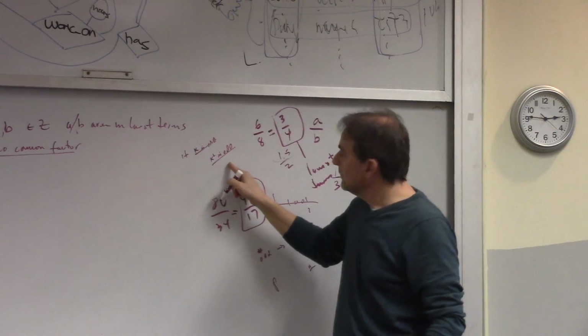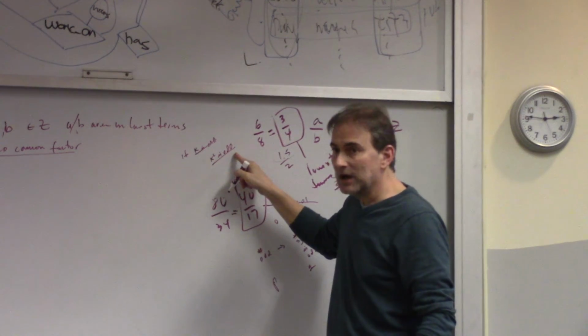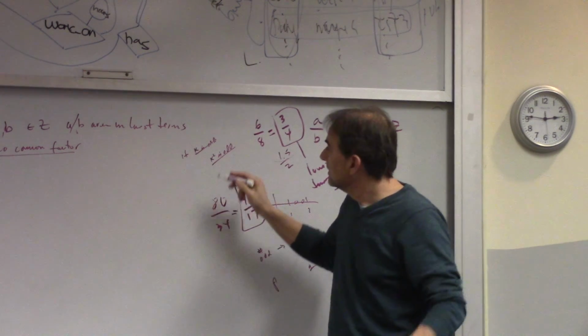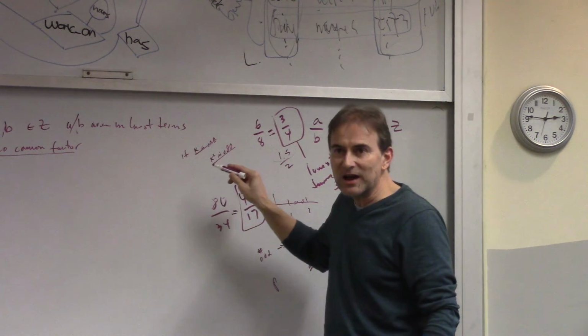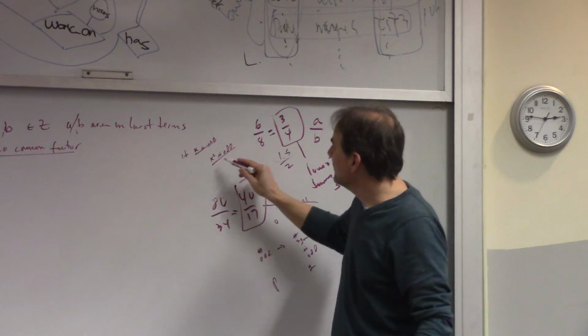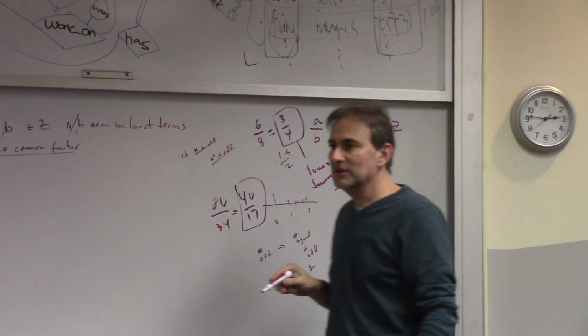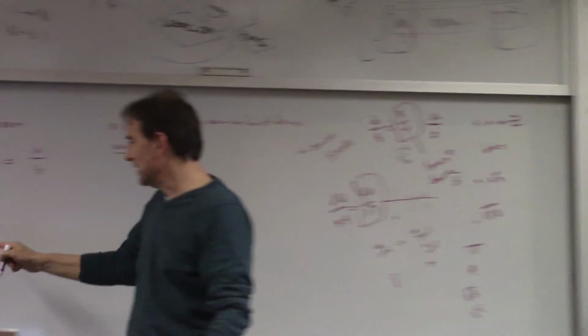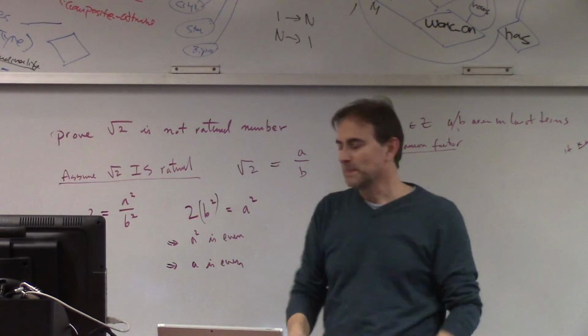But if you go to the contrapositive, if k squared is not odd, that means k squared is even, then k is not odd, k is even. So if a squared number is even, then the number itself is even. And so that's where I got this from. This is just a different view of what we already proved.